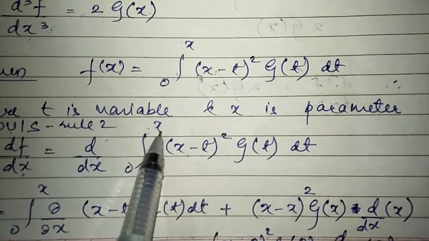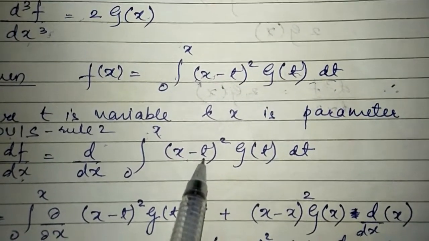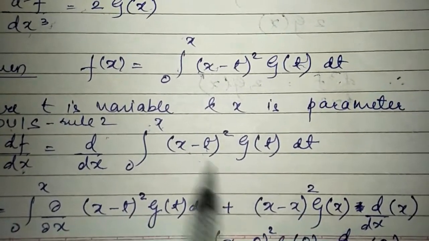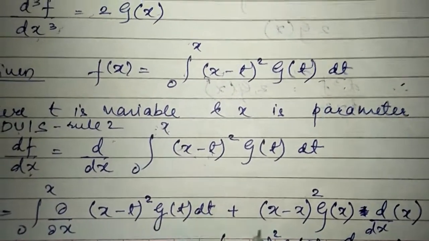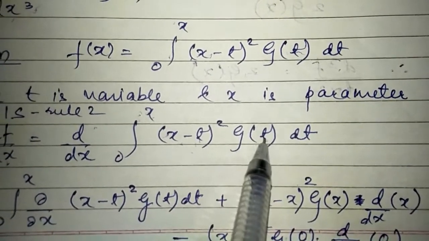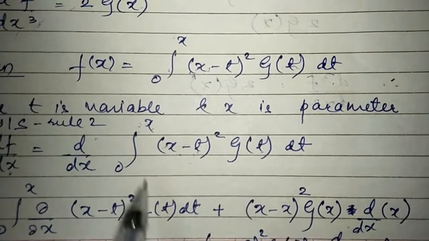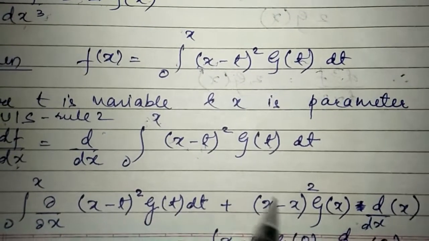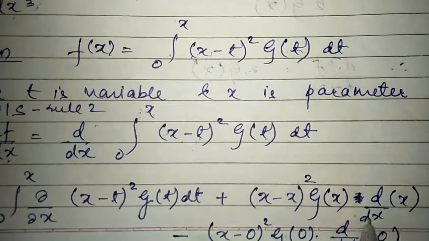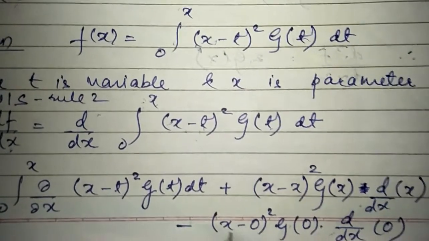The upper limit is x, so we substitute for t as x, that is (x minus x) whole square into g(x) into the derivative of the upper limit with respect to the parameter x, that is d by dx of x.